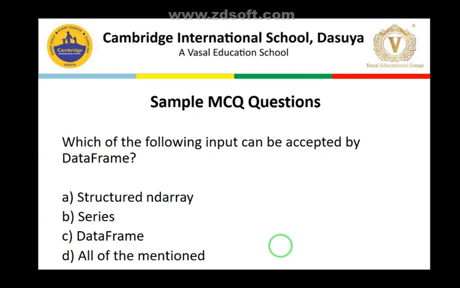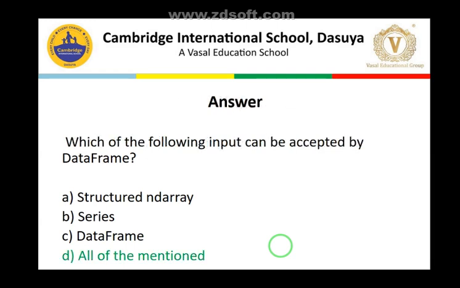So students, we are already creating the data frame using the n-dimensional array. Series we have already used, and from a data frame we can also create another data frame. So I think A, B, C are all right answers, and the right option here will be all the above mentioned methods can be used for creating the data frame.